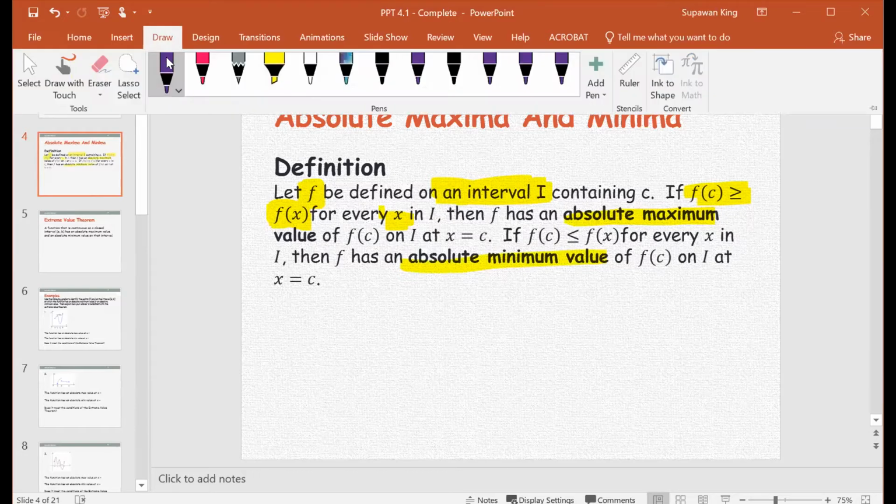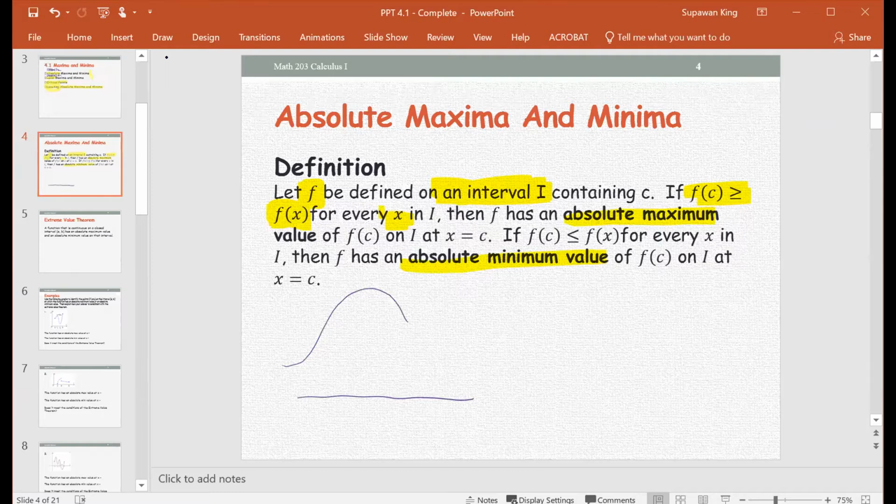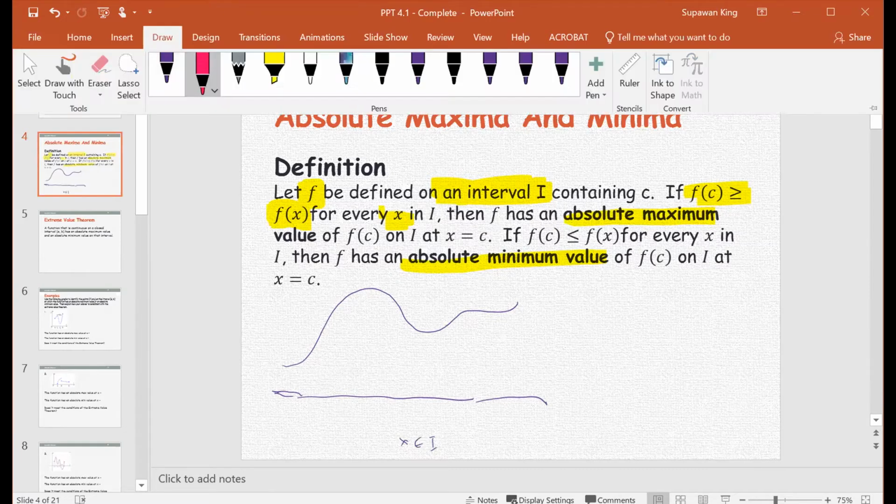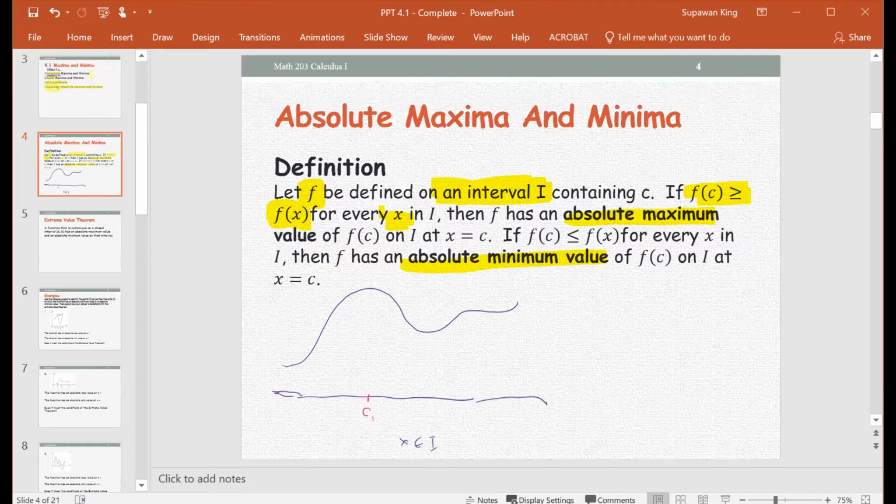For the graphical way, you can see that for the entire graph here, for the interval I, x would be in this interval I. For this graph, I would name this point C1.